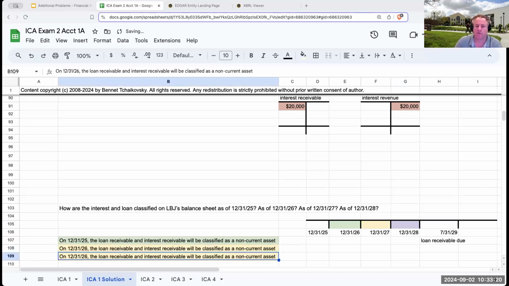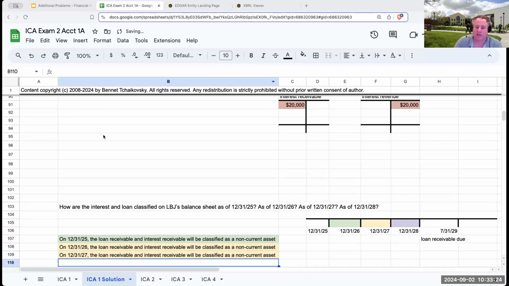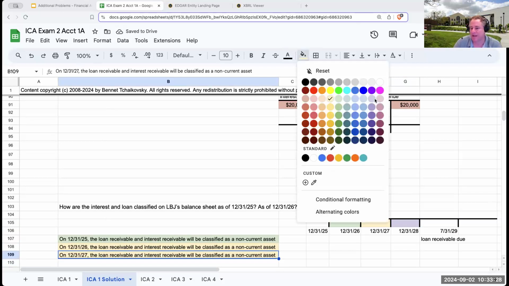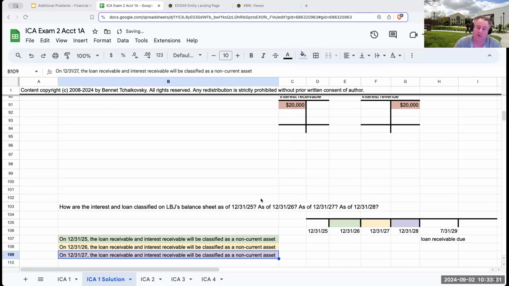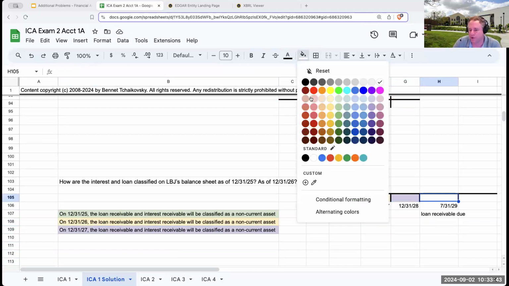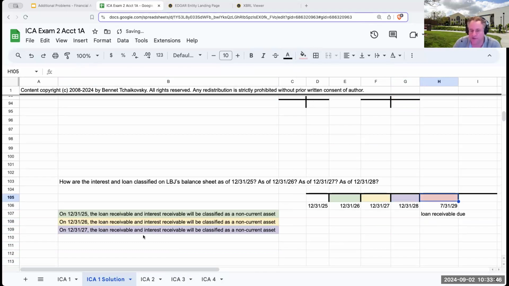So on 12/31/27, the loan receivable and the interest receivable, because remember, the interest is not going to be paid until the loan is satisfied, will still be non-current. Lastly, on 12/31/28, this is where it becomes a current asset, finally, after all this time.